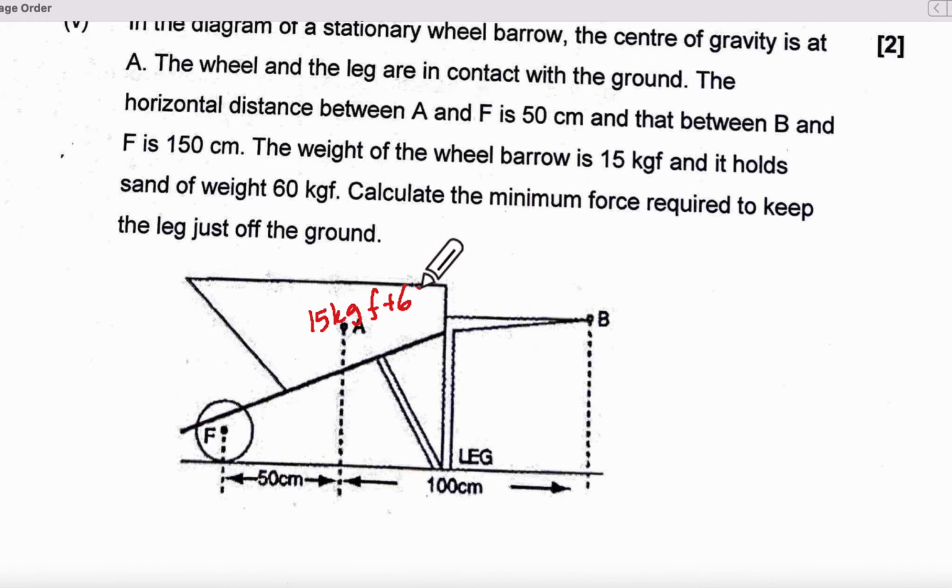Calculate the minimum force required to keep the leg just off the ground. Okay, now where is the effort applied? Here, no? At B. Okay, minimum effort. You want minimum effort means it will have to be maximum distance here. Understanding? Okay. Now tell me one thing. What is the load arm?